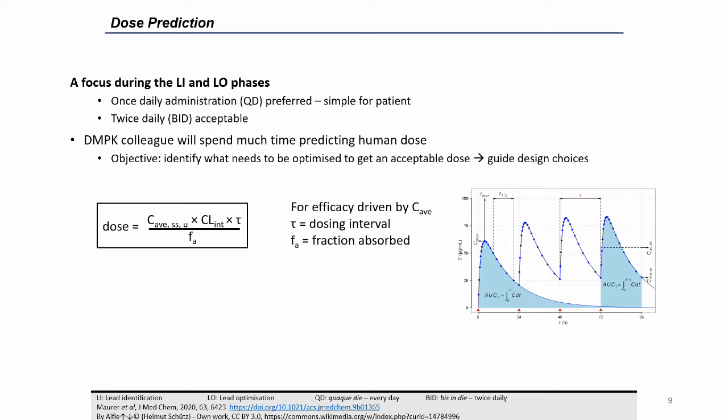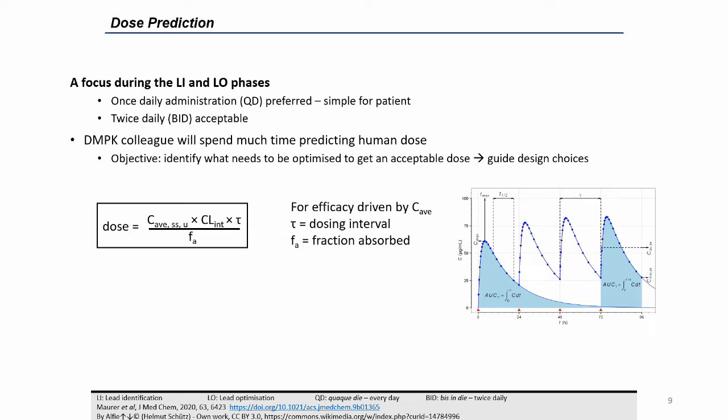Because you want to keep that within a reasonable number, a reasonable mass. And so the purpose of doing this then is to identify how you need to optimize your compound in order to get to an acceptable dose. And so that will influence the design choices that you make in order to identify which properties you need to improve in order to get to your desired target profile.